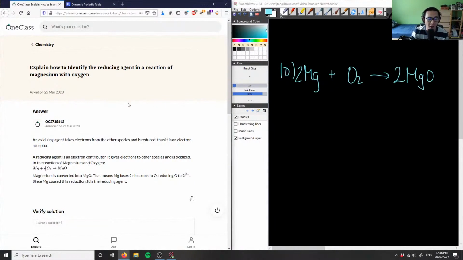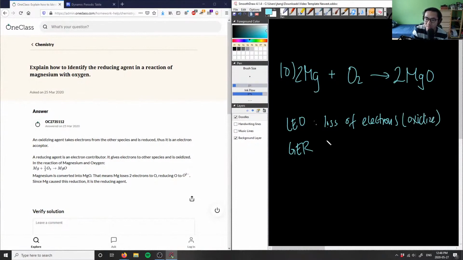So again, how do you identify the reducing agent? Well, we can use the mnemonic, right? We know that LEO says GER, and that's how I use this mnemonic to figure out oxidation and reduction. So LEO is loss of electrons, which is oxidation, and gain of electrons is reduction.